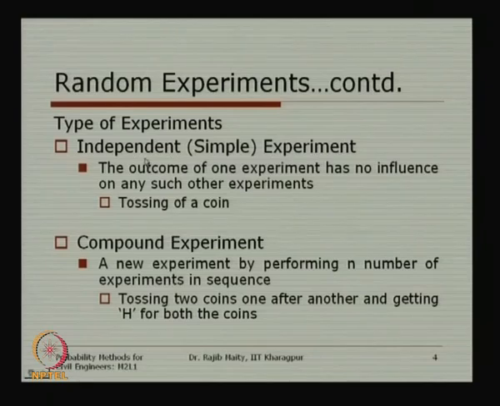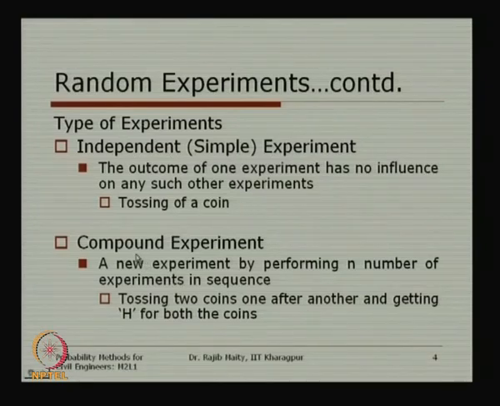Say, for example, tossing of a coin: if the outcome for a particular trial is head, it doesn't have any influence on the outcome for the immediate next trial. So this kind of experiment is known as an independent experiment.